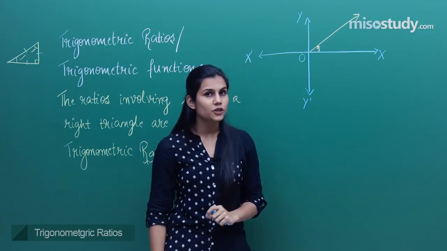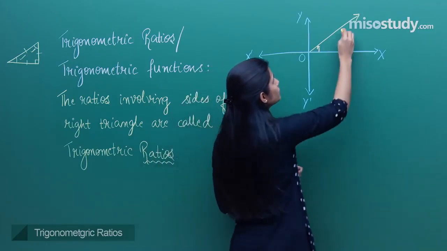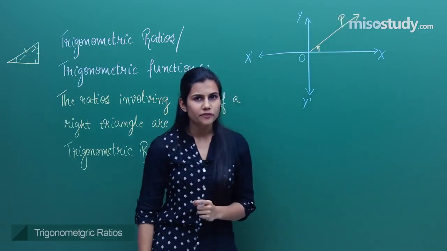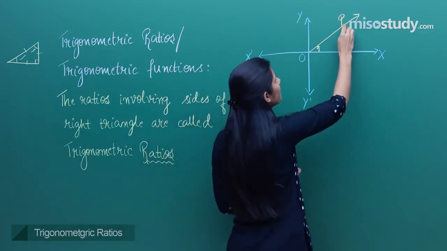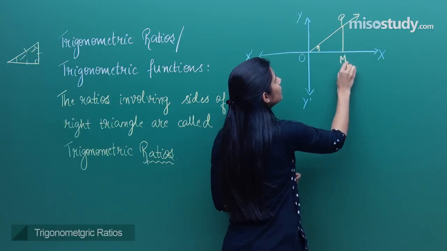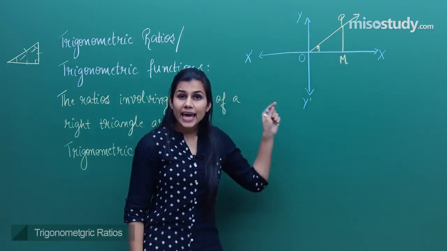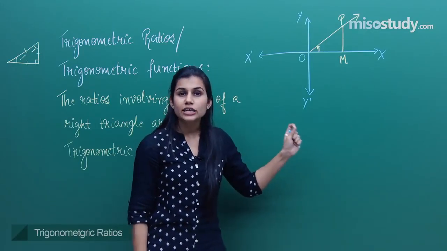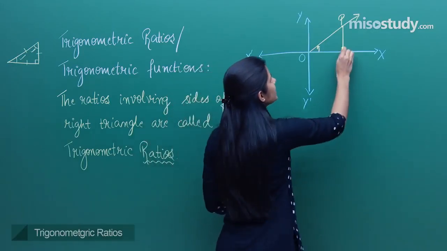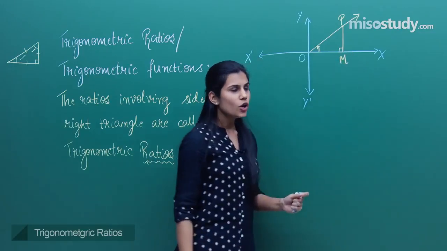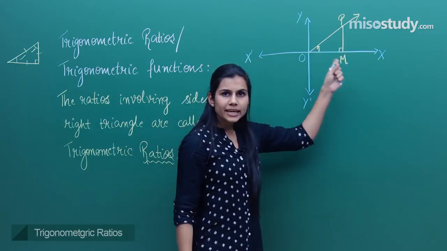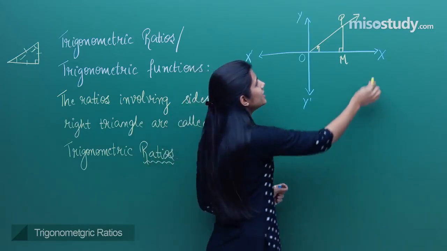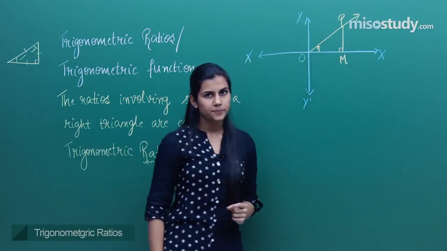The angle which is formed is known as the angle in standard form. Suppose you take any point P on the terminal side of this angle and drop a perpendicular PM on the x-axis. This procedure results in a right triangle MOP, known as the triangle of reference of the angle XOP.